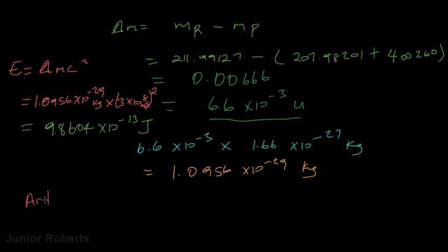So this is artificial. The first thing we're going to do again is write our equation, which is 1 neutron plus uranium-235, 92, to form xenon, which is 54, and we calculated this before, which was 146.